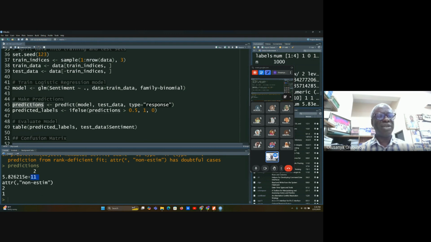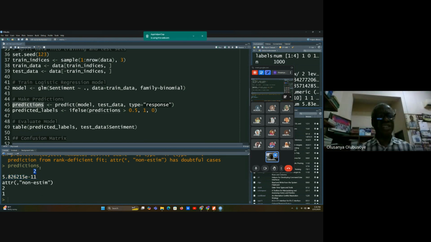It's saying you have predicted the second one, and this is the probability: 5.826215 exponential raised to power minus 11.